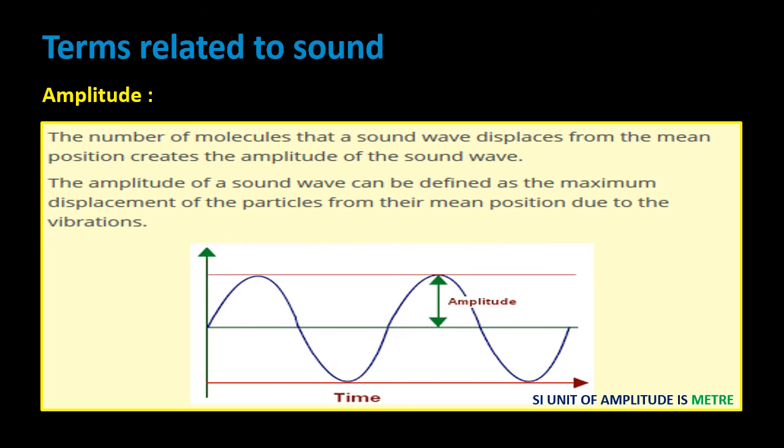The number of molecules that a sound wave displaces from the mean position creates the amplitude of the sound wave. The amplitude of a sound wave can be defined as the maximum displacement of the particles from their mean position due to the vibrations. The SI unit of amplitude is meter.